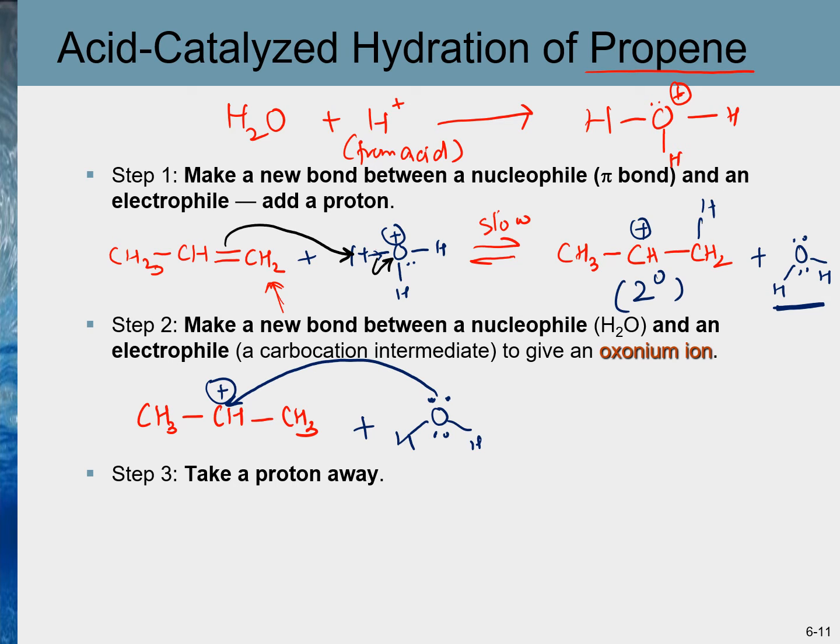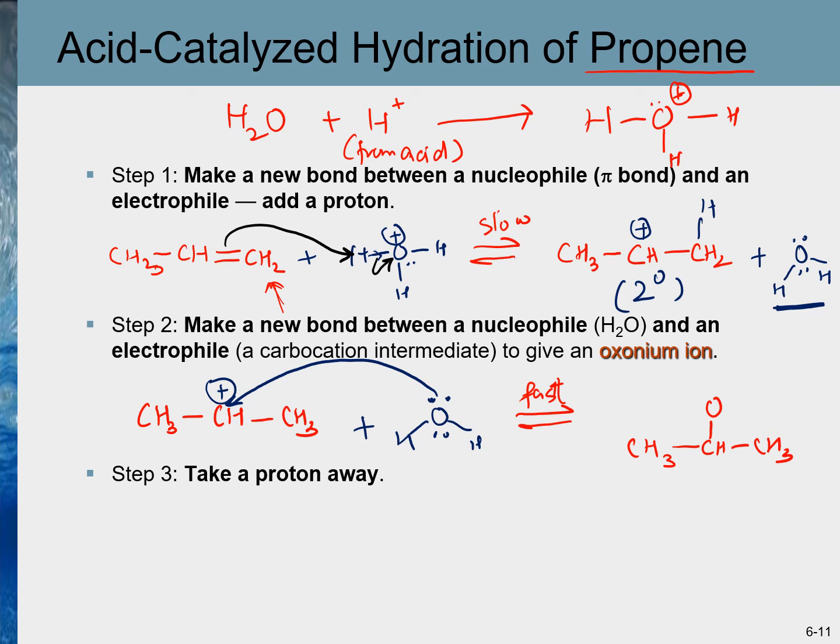So this will be the attack of a nucleophile again, and this will produce a complex, and this reaction will be fast because the carbocation already has a high energy, so the activation barrier is not that high, and it would result in formation of a species known as an oxonium ion.